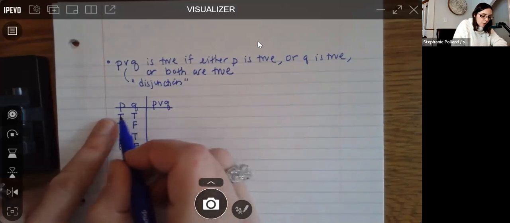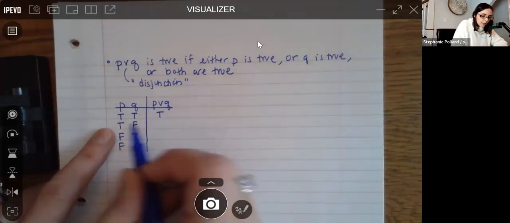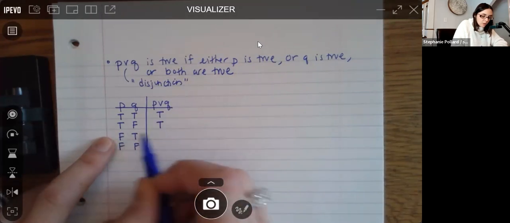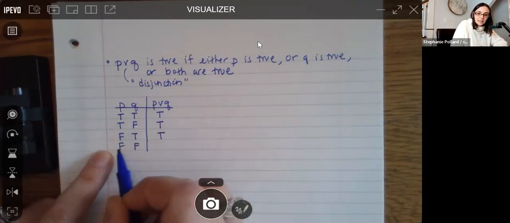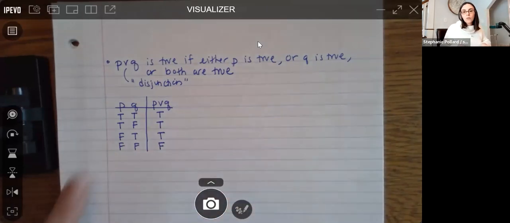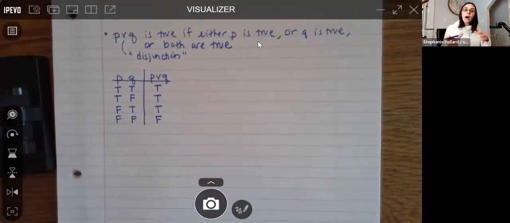So here, if they're both true, it's still true. Here, as long as one of them is true, it's true. As long as one of them is true, it's true. And in the last case, because both of them are false, this would also be false. So for an or statement, you need at least one of the statements to be true for the whole disjunction to also be true.